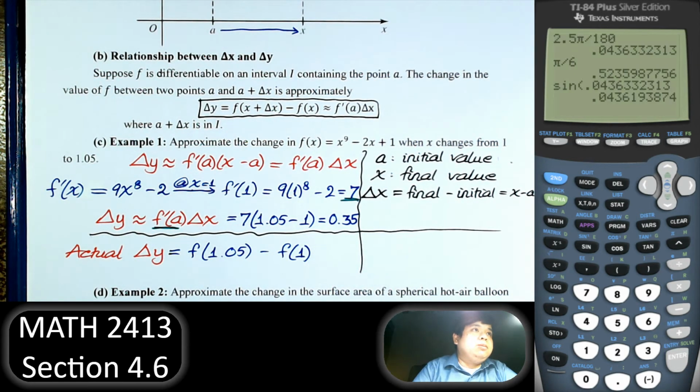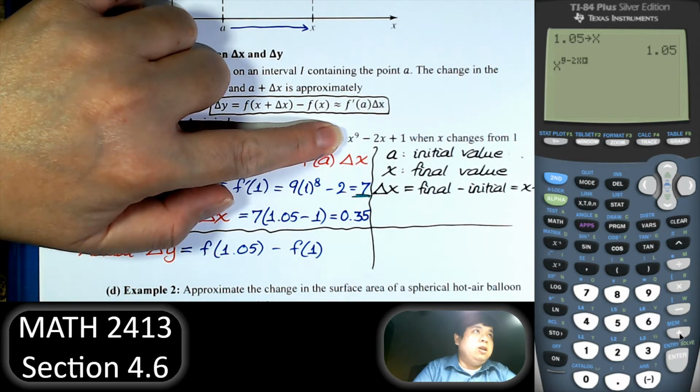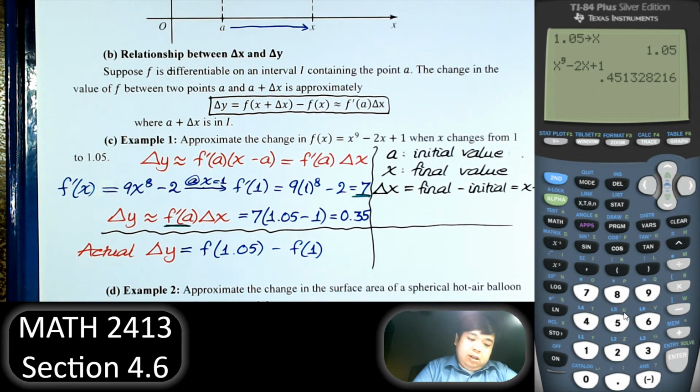So let's store 1.05 into x, and enter this function x to the 9 minus 2x plus 1. Now, if I put 1 into x, evaluate, same thing.